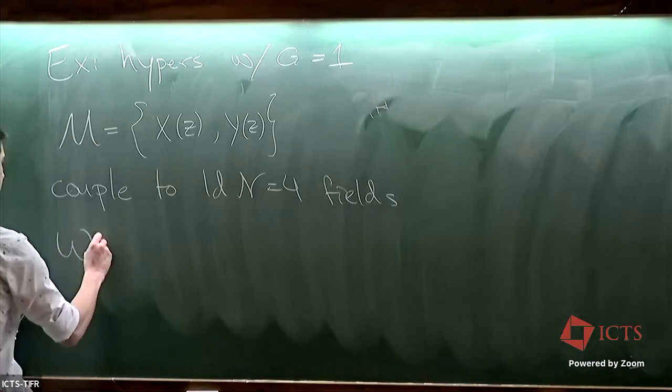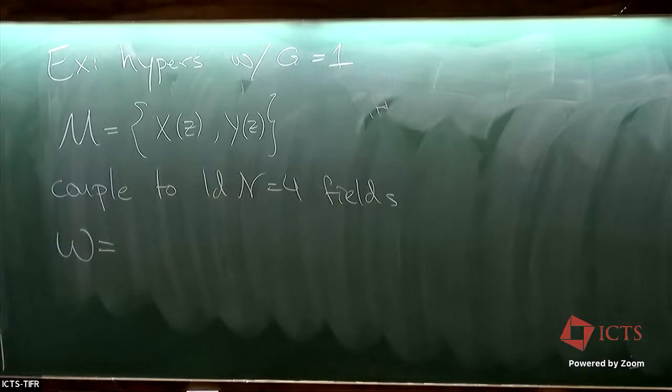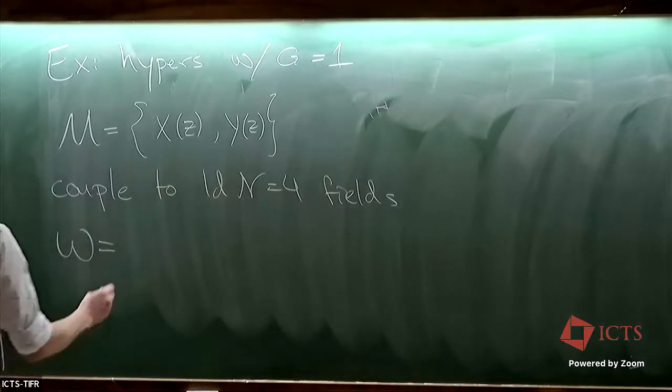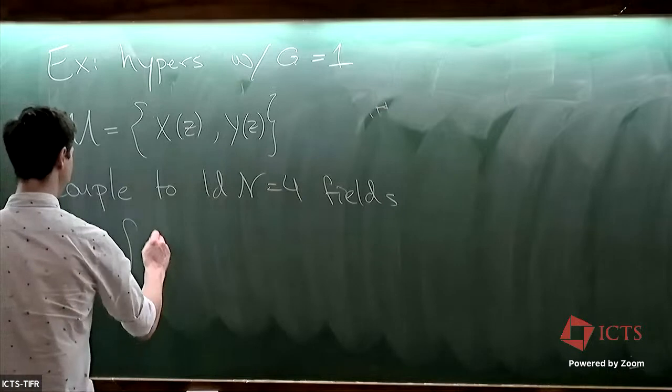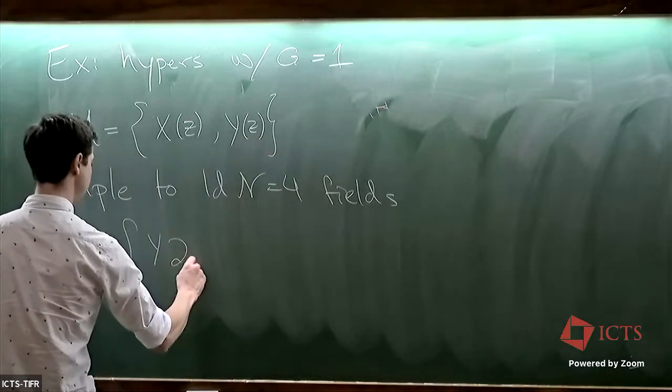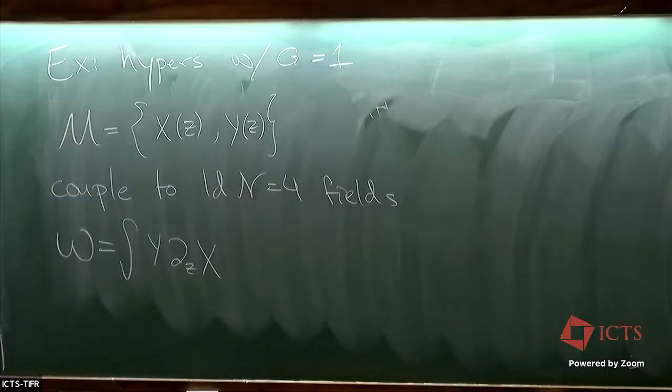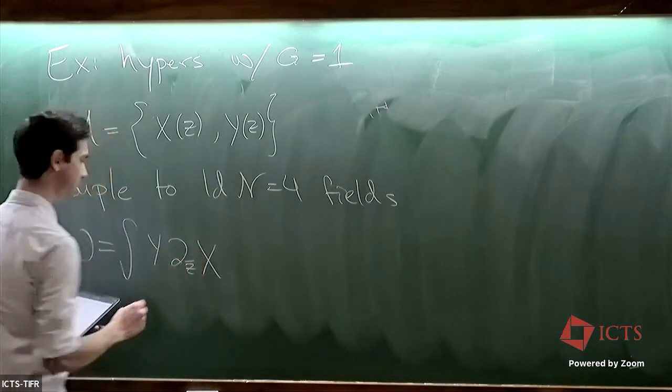And there's lots of ways of doing this, but one example is where I take the superpotential I wrote last time. For the hypermultiplets all by themselves, it looked something like y del z bar x.